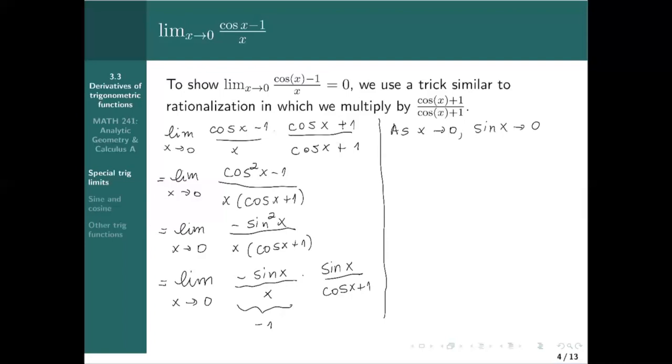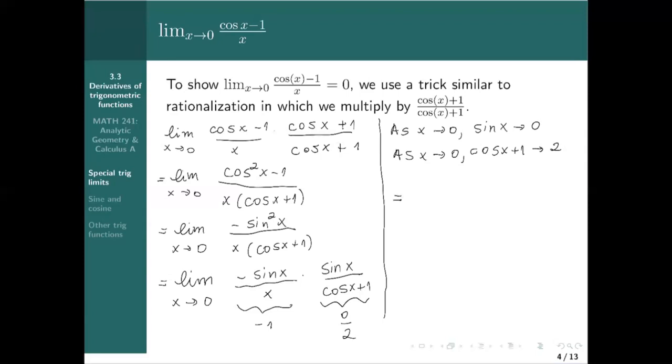And let's see what happens with the denominator. Cosine of 0 is 1, plus 1 is going to be 2. So as x goes to 0, cosine of x plus 1 goes to 2. So this fraction is going to 0 over 2, which is 0. So we have the first fraction going to -1 and the second fraction going to 0.